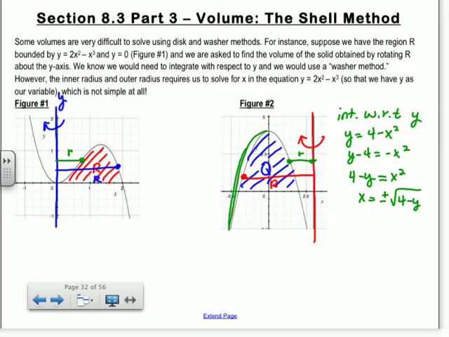This side that I'm drawing in green, those x values are negative: x equals negative square root of 4 minus y. And the side I'm drawing in red is x equals positive square root of 4 minus y. So that allows you to use your outer radius and inner radius. You could do it in an example like this.